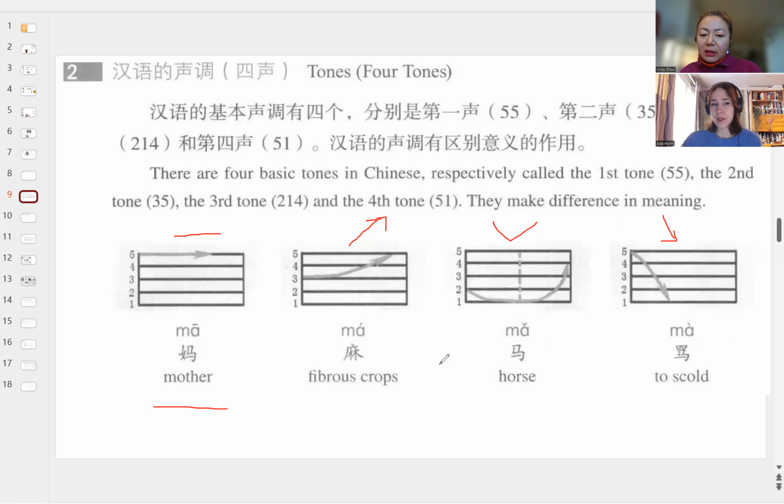For the characters also, I would like you to take a look. What do you notice from this ma group of characters? The part on the right in ma is the same as horse, and the other ma also has it. Yes.